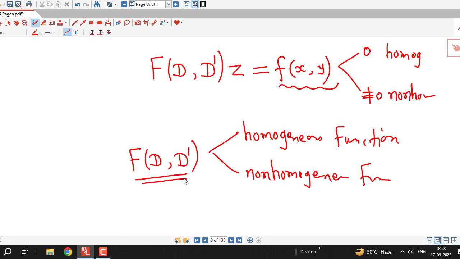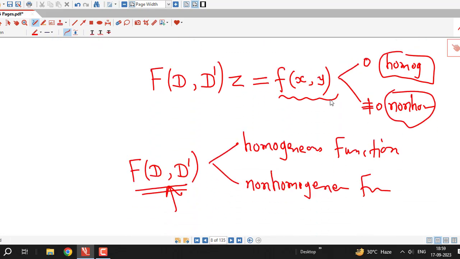So remember these characterizations because the methods are different. When f(D, D') is a homogeneous function of D and D', the methods are different from when f(D, D') is a non-homogeneous function of D and D'. Similarly, we have different methods for solving homogeneous partial differential equations and non-homogeneous partial differential equations.